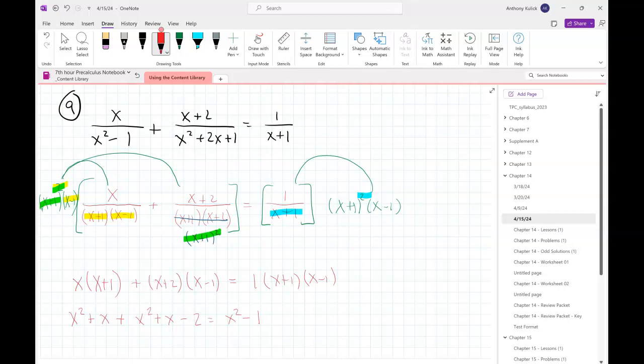What type of equation do I have left here? Well, it's a polynomial because it's all just multiplication, addition, subtraction of x's and numbers, right? Everybody agree? And the biggest power of x is 2.